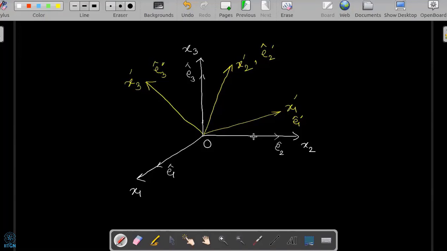So you see, we have rotated the Cartesian coordinate system, keeping the origin the same. The angle could be anything.